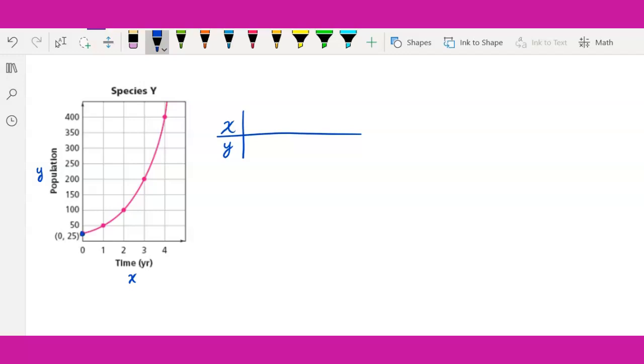Okay, 0, y is 25, you have 0, 25 right there. And then year number 1, that's 50 over there. So it's going to be 1, 50. Year number 2 is going to be 2, 100.